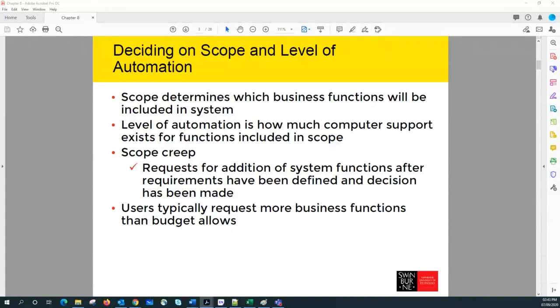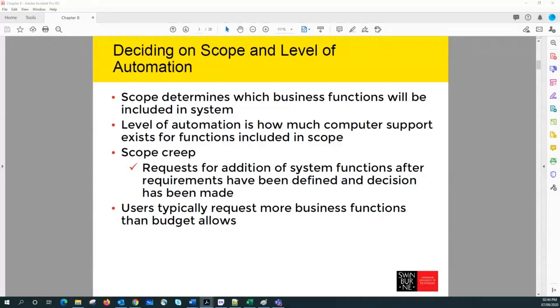One of the main problems specifically relating to the scope of the project is overcoming so-called scope creep. What do we mean by scope creep? Usually in a system development or system analysis project, we will receive a request to add new system functions after the requirements have been defined and the decision has been finalized.